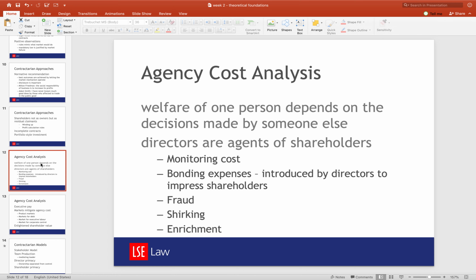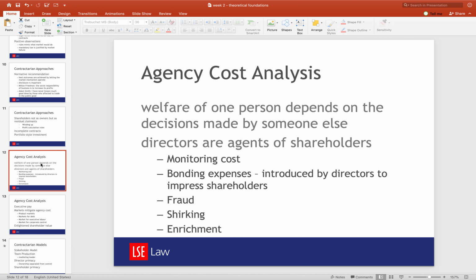That's an agency relationship. And the directors are the agents of shareholders in that analysis. You can see that the company is left out of this analysis. We say what company law deals with is an agency situation where the well-being of the shareholders is affected by the decisions of the directors.